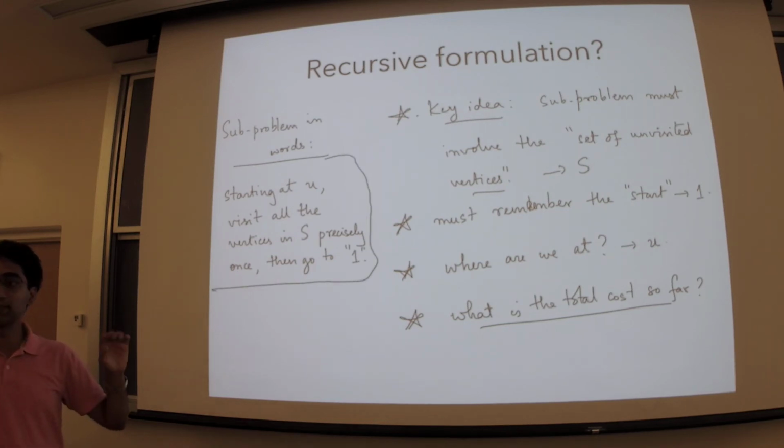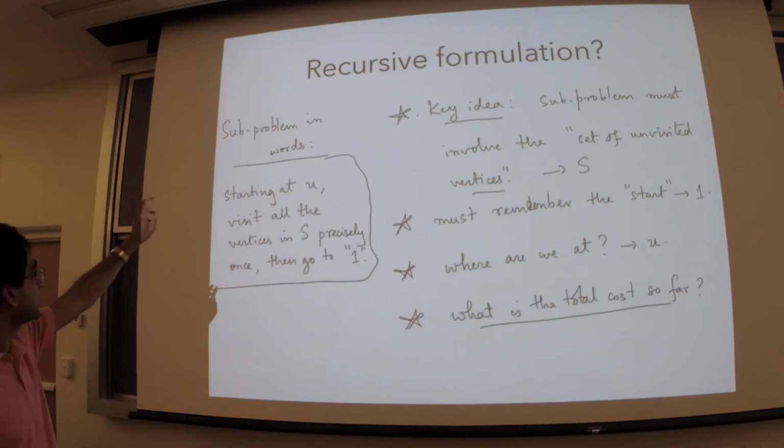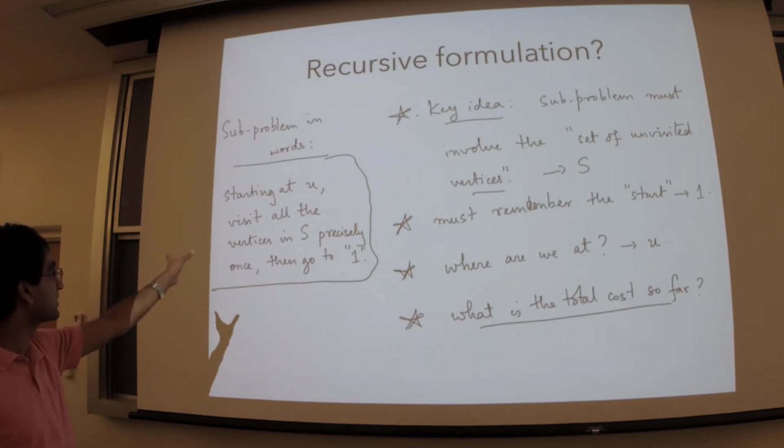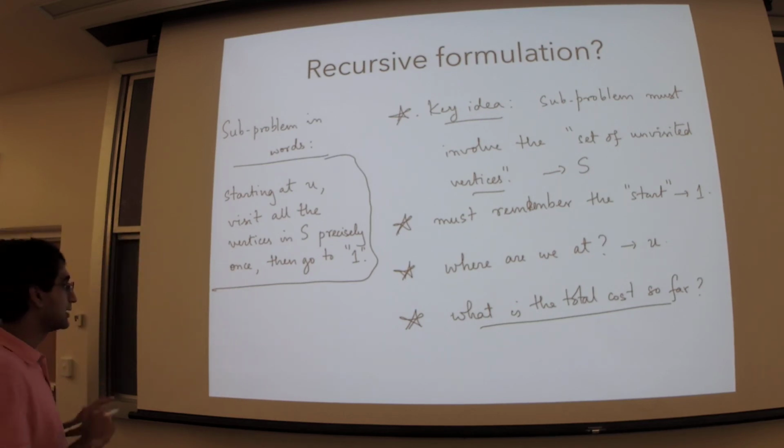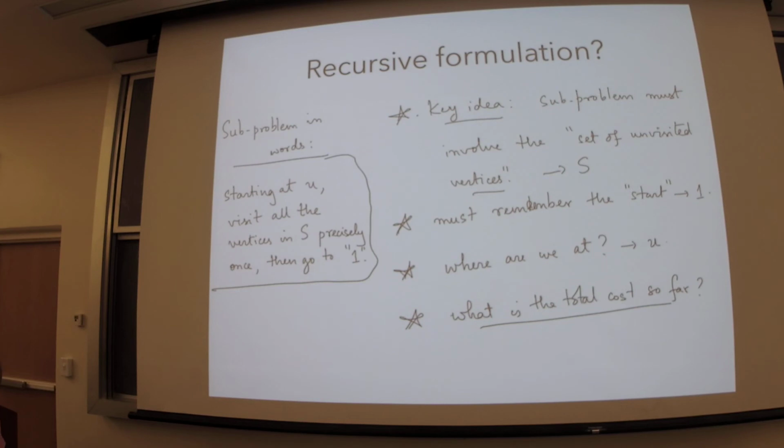So this is the goal of this subproblem: starting at U, visit all the vertices in S exactly once, then go to 1, and in the process minimize the total cost. So this is how I would like to phrase the subproblem.